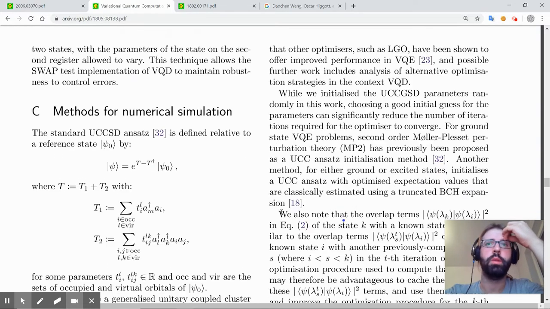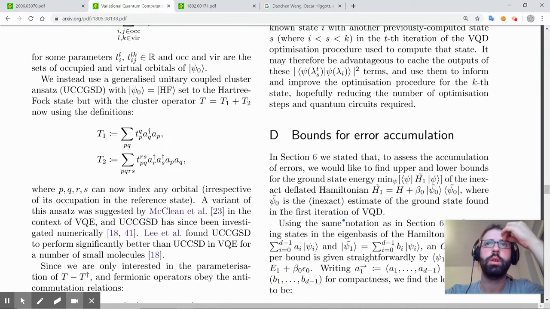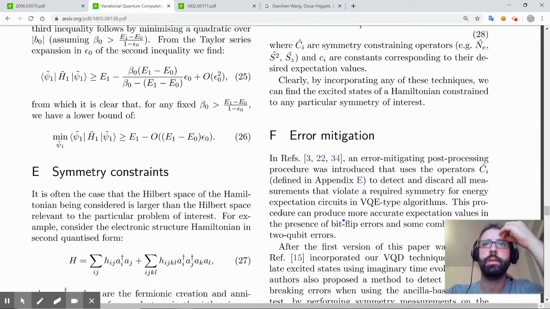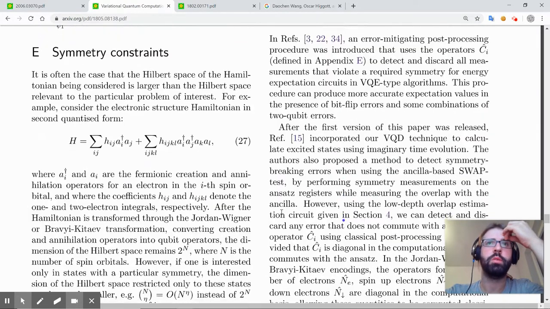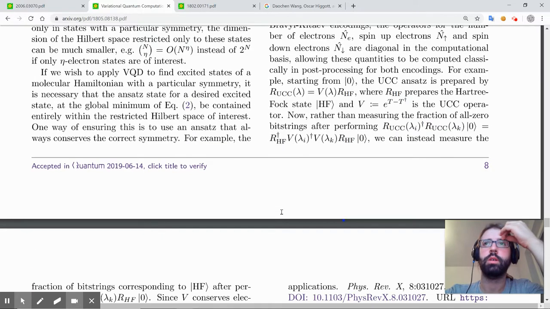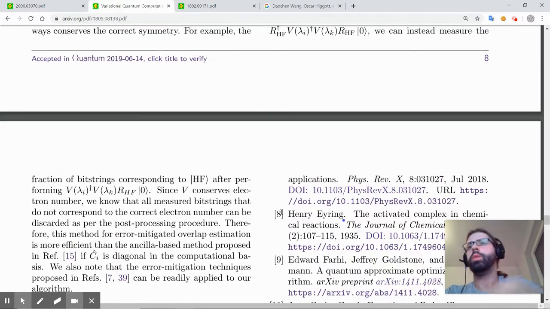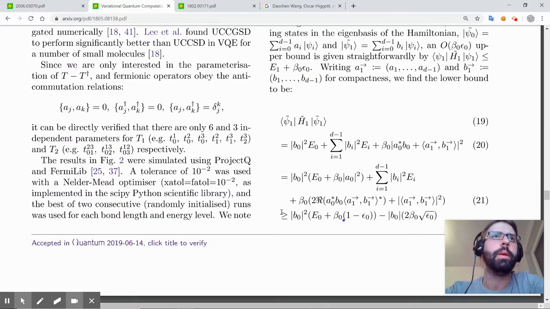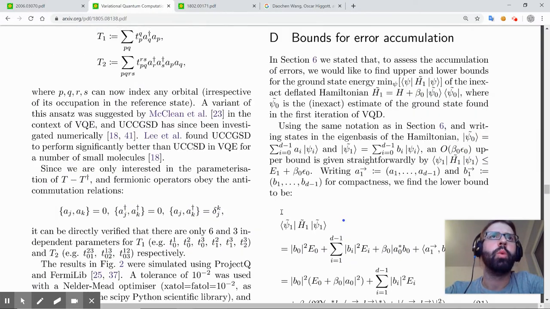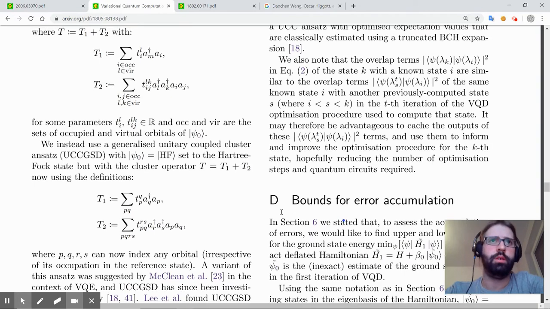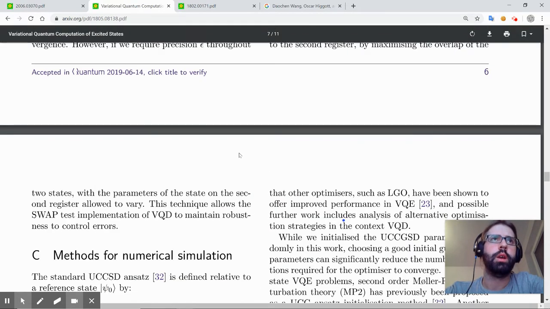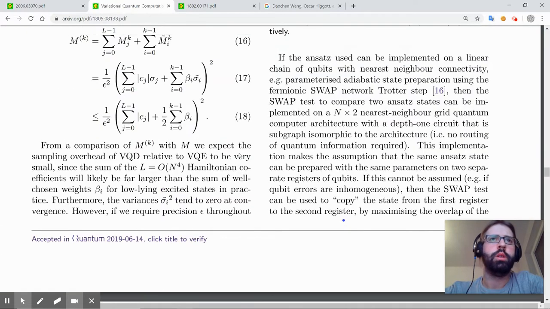Methods for numerical simulation, bounds for error accumulation, error mitigation, symmetry constraints. Okay, we'll dive into the error mitigation part later. I just wanted to know, where is this post-processing explained? Probably somewhere here.